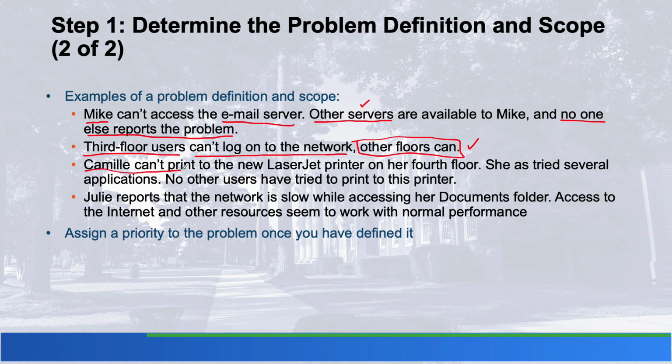Camille can't print to the new LaserJet printer on her fourth floor. She has tried several applications, so it's not just one application she's having a problem with. No other users have tried to print to this printer. So what do you think the scope of the problem might be?